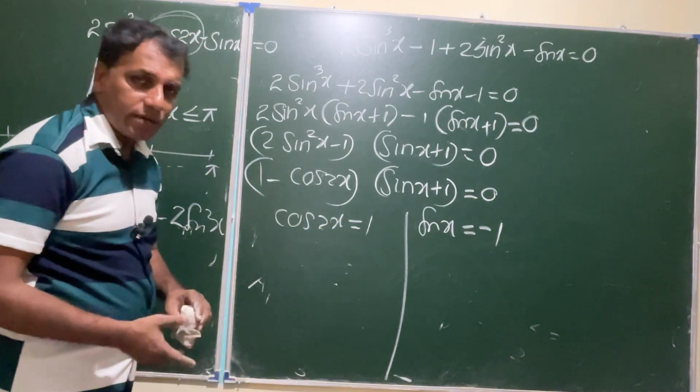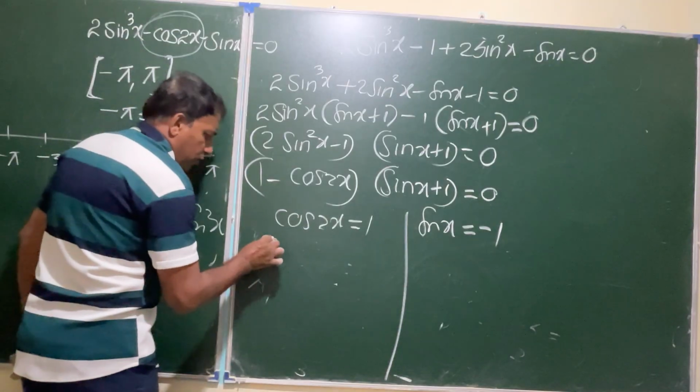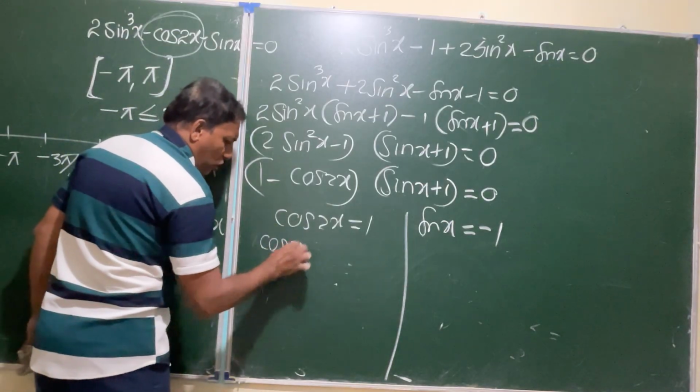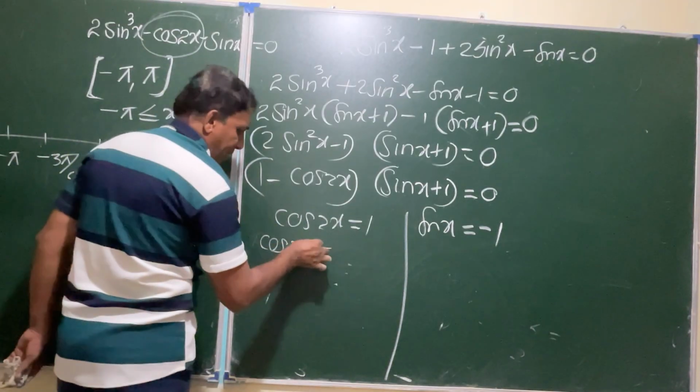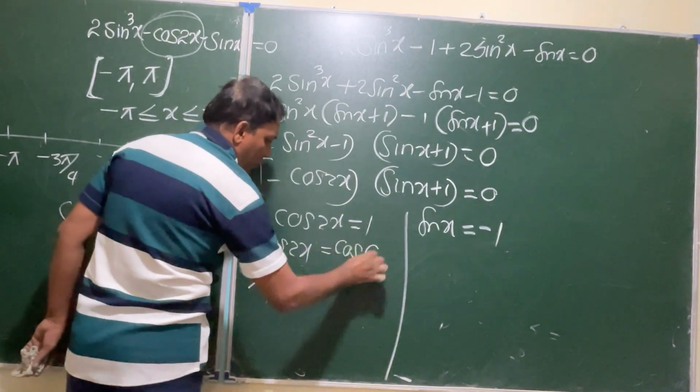Cos 2x equal to 0, we'll see. Then, in the general case, write this cos theta equal cos alpha pattern. Cos 2x equal cos pi by 2. What is the general solution of cos theta equal cos alpha?